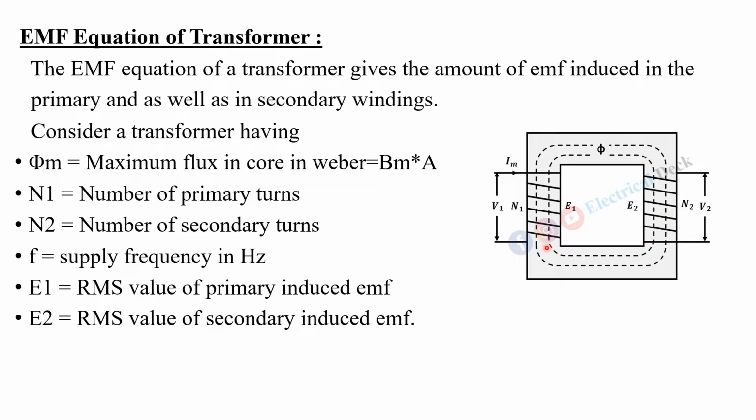When we give supply to the primary side of the transformer, then EMF will be induced in the secondary side, that is mutual induction. That means a transformer is electrically separated but magnetically coupled through a low reluctance medium, that is the core.